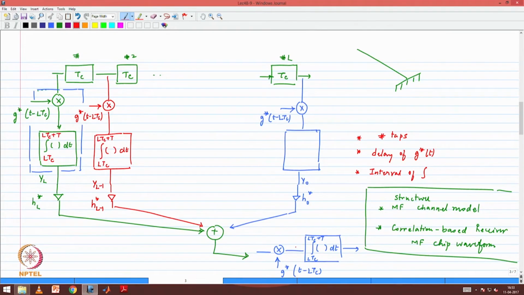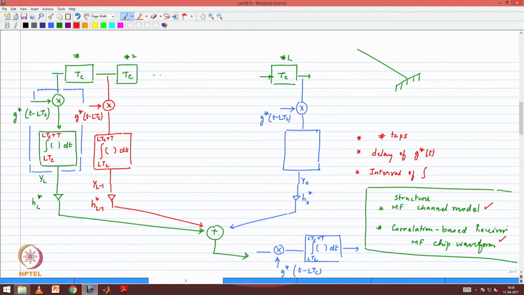We then get a structure where the first part, the delay chain followed by h_l conjugate, h_(l minus 1) conjugate, is a match filter to the channel. After we have moved the correlation and integration outside, what we have is a match filter to the channel first, followed by a match filter to the chip waveform.